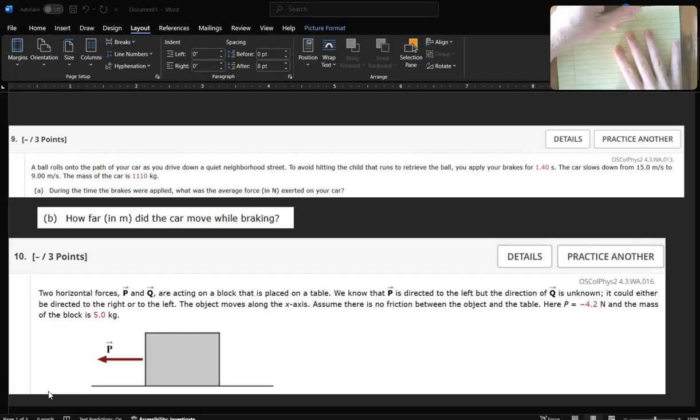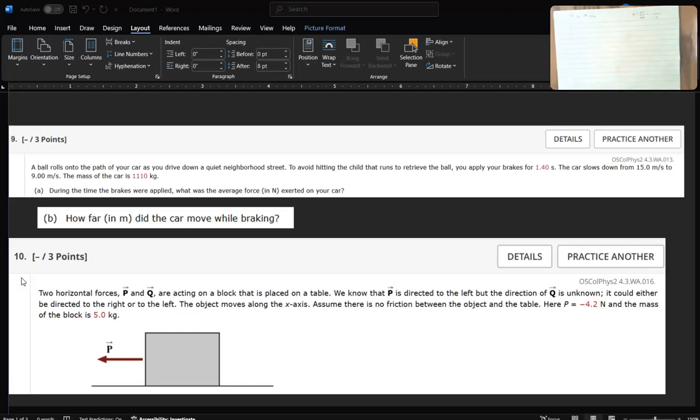All right, so if you recall from the first unit, the first section, the acceleration is equal to the change in velocity divided by the change in time. In this case, I know the change in time, the time over which that force is being applied, is 1.4 seconds.